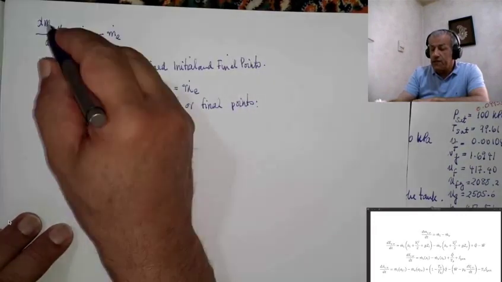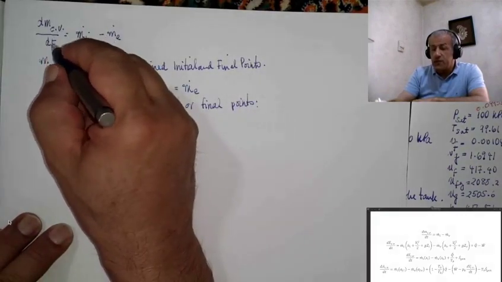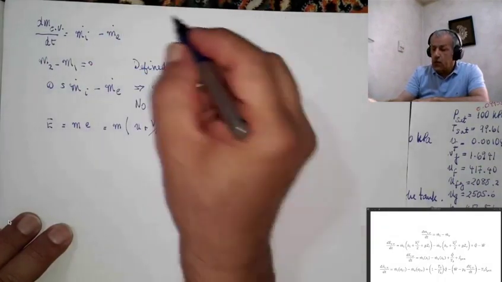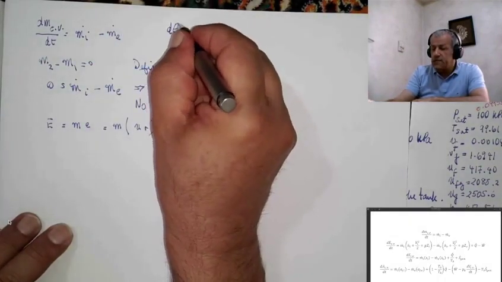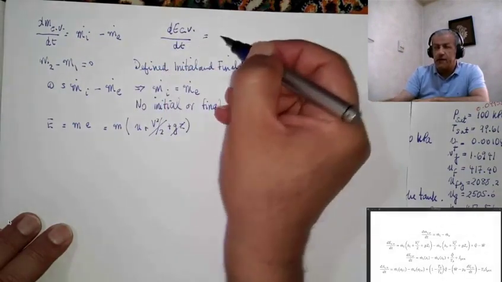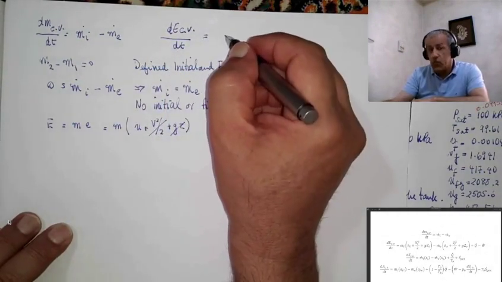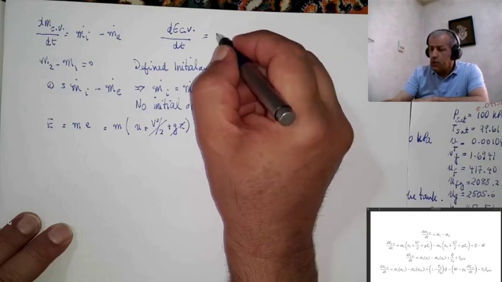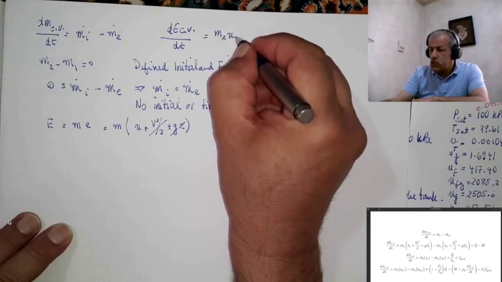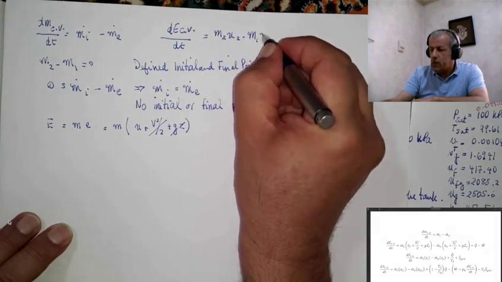Here we changed dmcv by dt for between stations 1 and 2, and now for decv by dt, we have turned it from between conditions 1 and 2, as m2u2 minus m1u1.